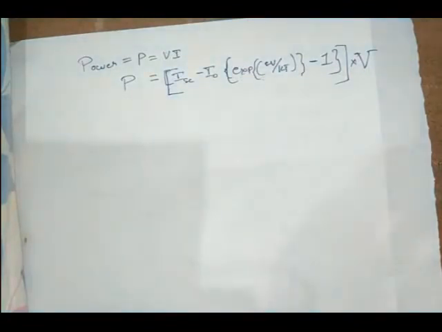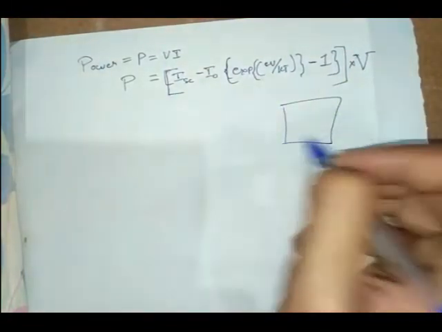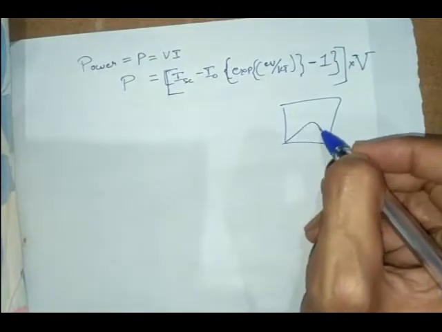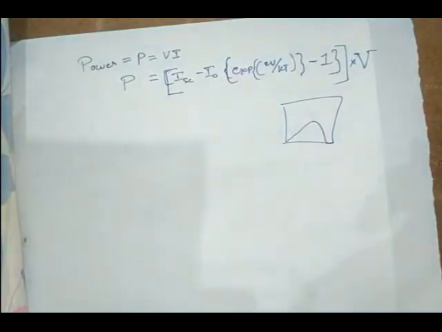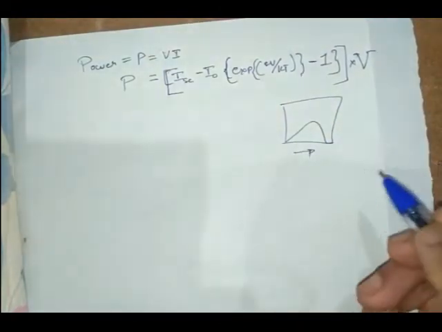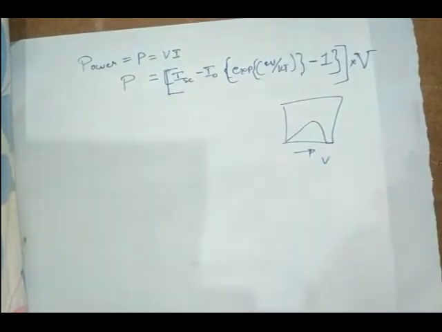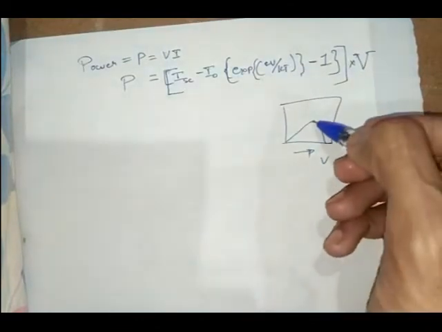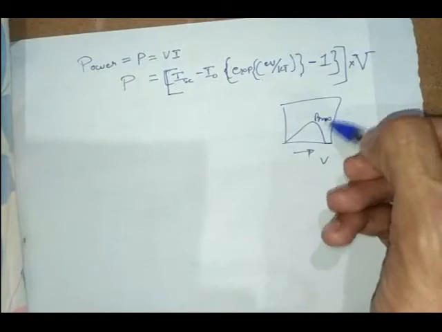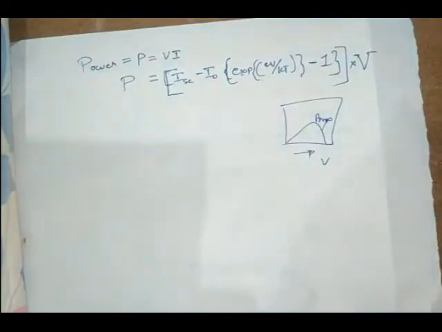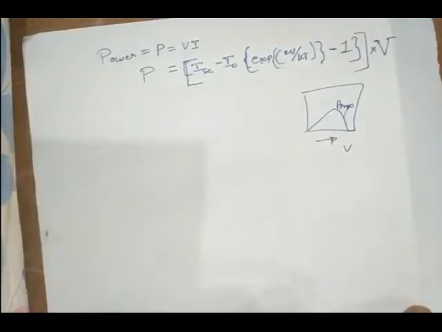Now this is the power curve, variation along voltage. But if you want to find out P max, you need to differentiate the equation with respect to V and equate it to 0.